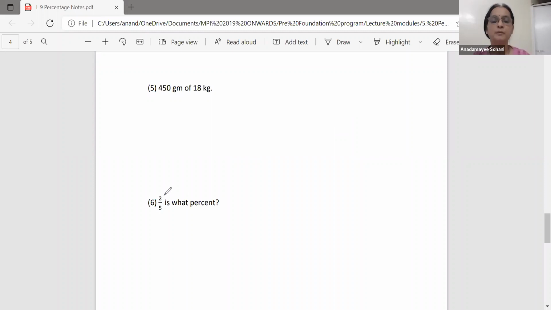Now, 2/5 is what percent? 2/5, simply converting number in verbal information into equation. 2/5 is what percent?